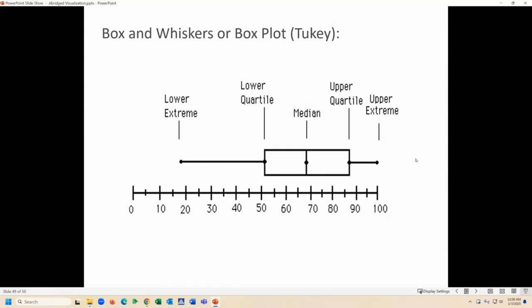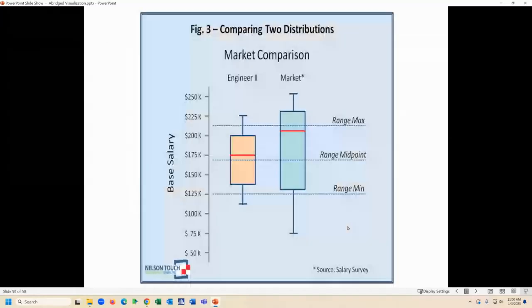But you can see where the 25, 50, 75% points of the data are, and one way or another you'll see where the minimum and the maximum values are. So it's a quick way to look at a distribution, and when you want to compare different distributions, it becomes very effective, like in this example.